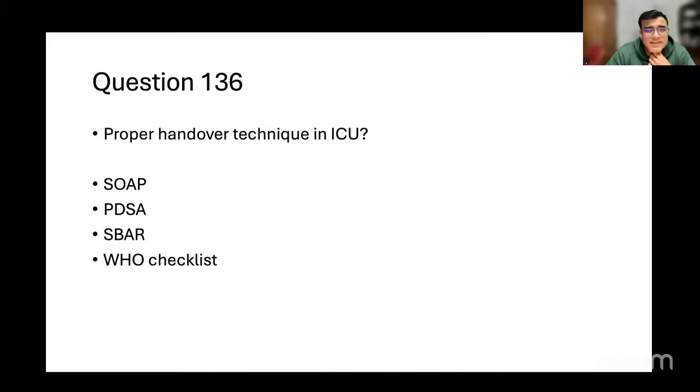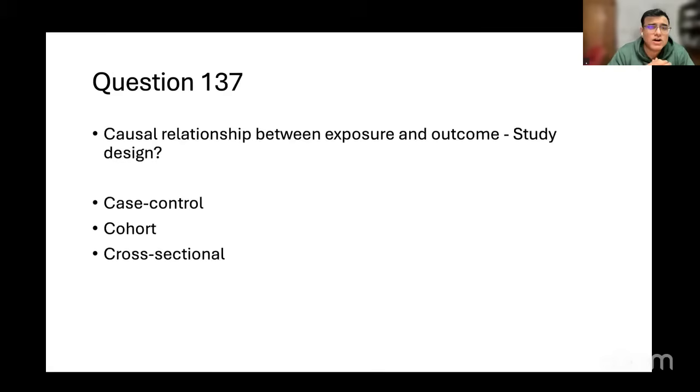Causal relationship between exposure and outcome: which study design to prefer, case control, cohort, or cross section? For causal relationships, the best studies we have are randomized controlled trials, because you have a control group and a case group. In the case group you give the exposure, whatever drug, and the control group receives placebo, and you find out whether it is causing the outcome you are measuring.